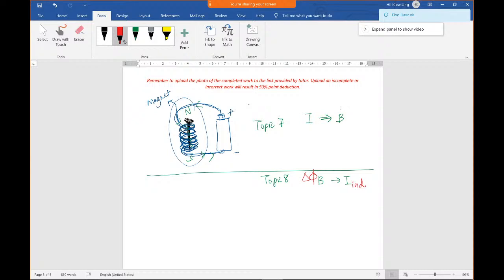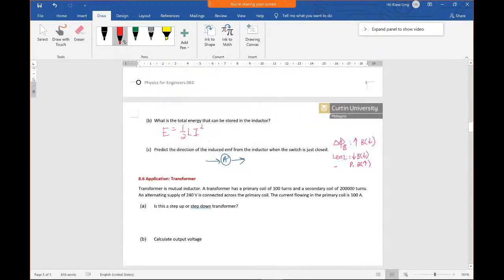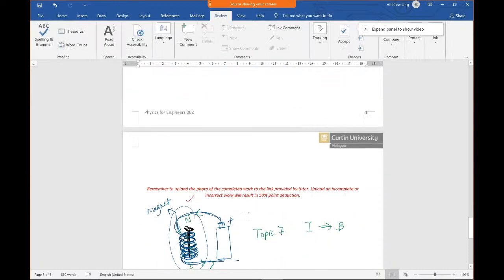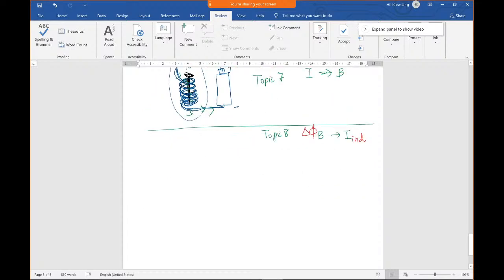This is something that is already advanced, okay, as compared to this one only. So for this one, what you have to take note of is the change.